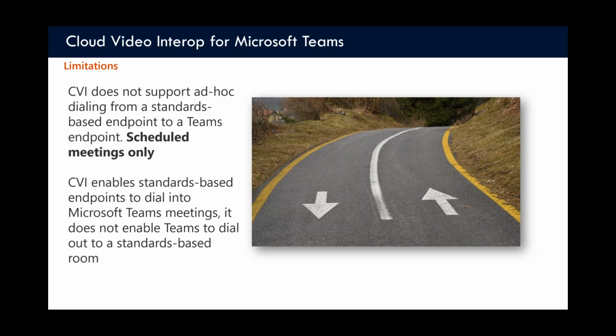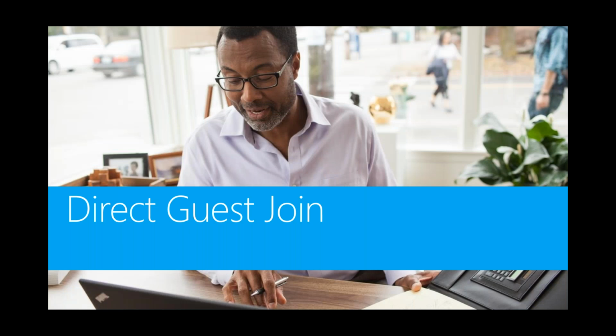Okay, so just to finish up, we want to talk a little bit about direct guest join. From what you've seen there, we've talked a lot about Cloud Video Interop, which really solved the problem of standards-based video conferencing endpoints, whether it be SIP or H323, getting into my Microsoft Teams meeting, okay? Or it meant that I could get into a Zoom meeting using a standards-based integration, which we're still talking SIP and H323.